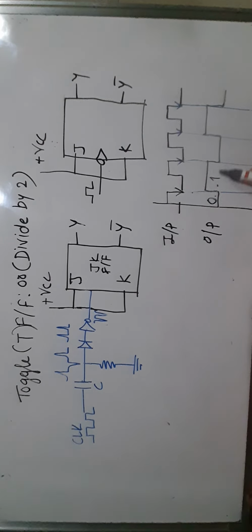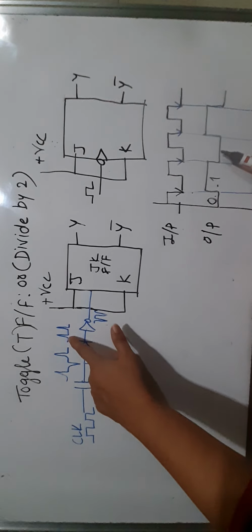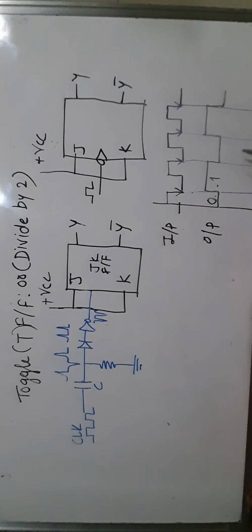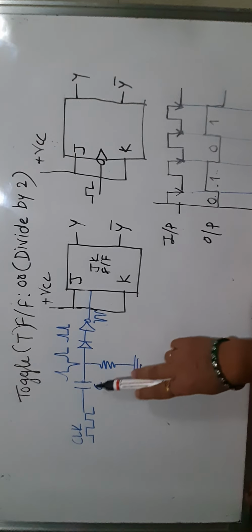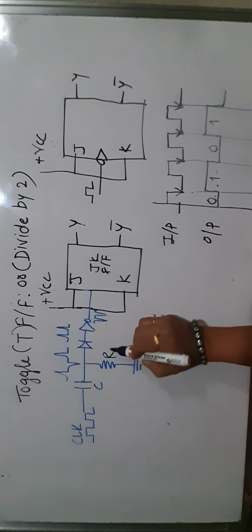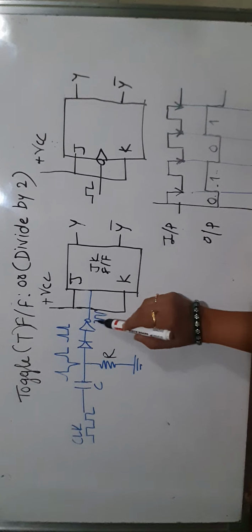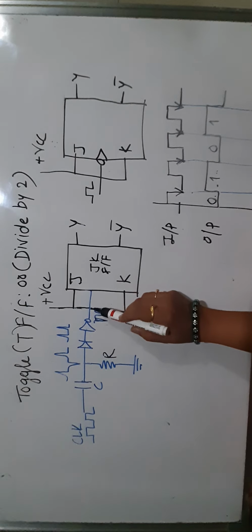Here it will not change because we are using edge triggering. So when the negative edge is detected, it will change from 1 to 0, and when the next negative edge is detected, it will change from 0 to 1. So it will toggle only when edges are detected, because we are using the RC differentiator circuit. That's why the output will change only when edges are detected.